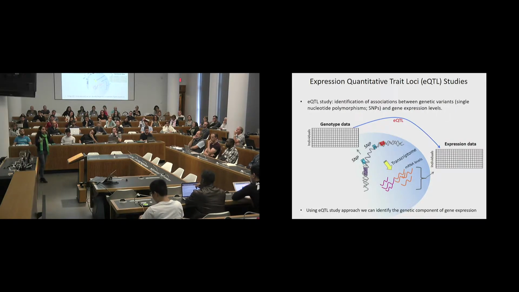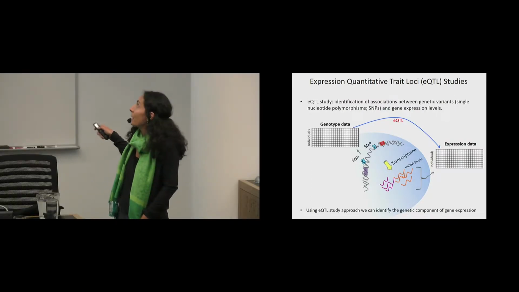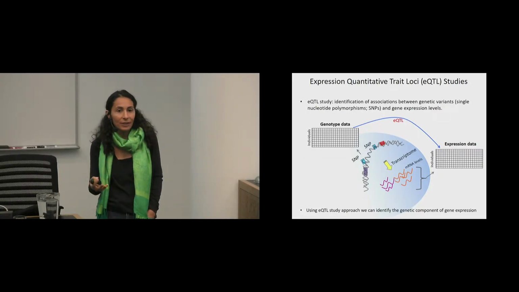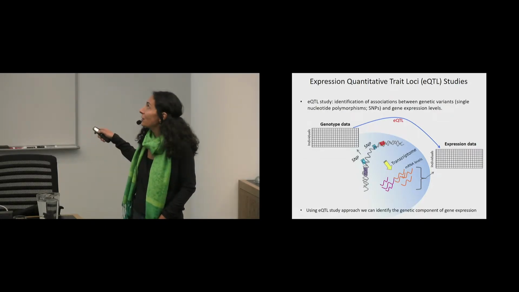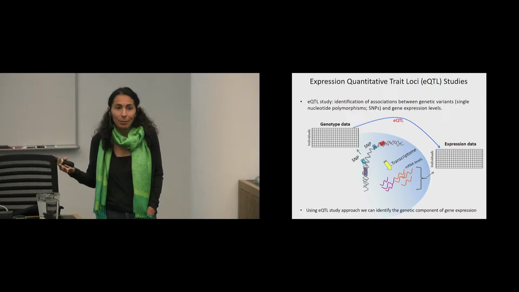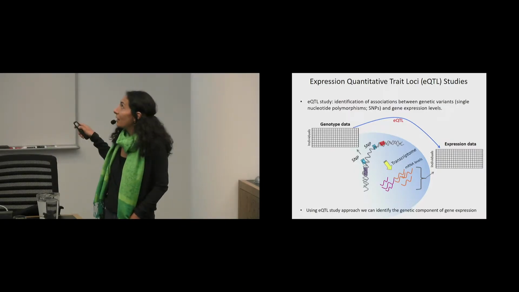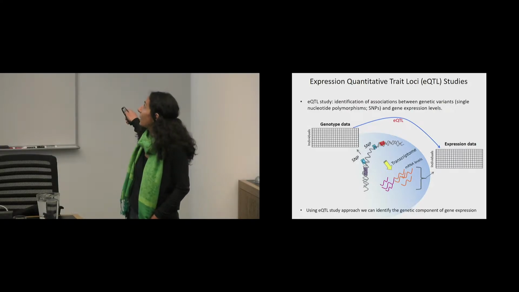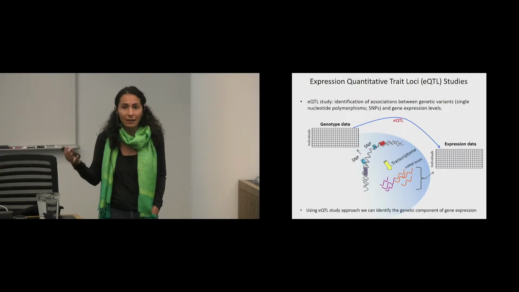And this was formalized into eQTL studies, or expression quantitative trait loci studies. In eQTL studies, you have your genotype data for a large number of individuals, and you get gene expression data for the same individuals. Then you can start correlating variation at the genetic level with variation in gene expression across individuals.